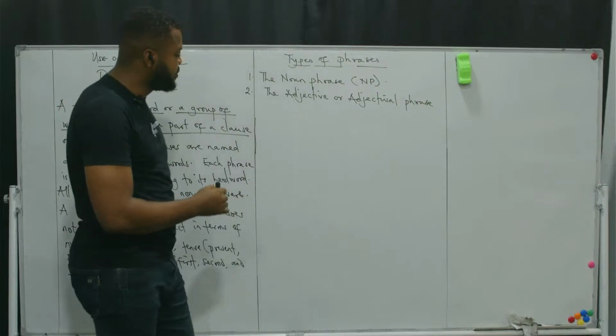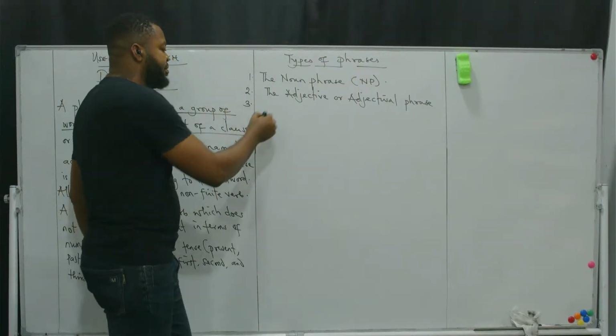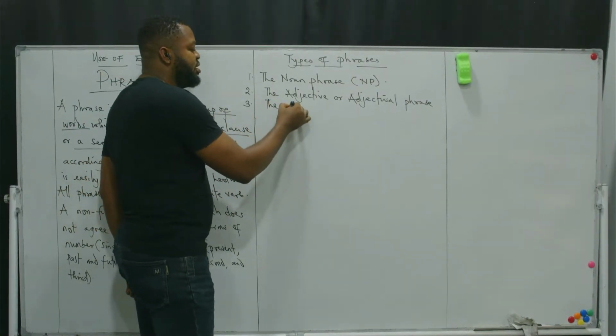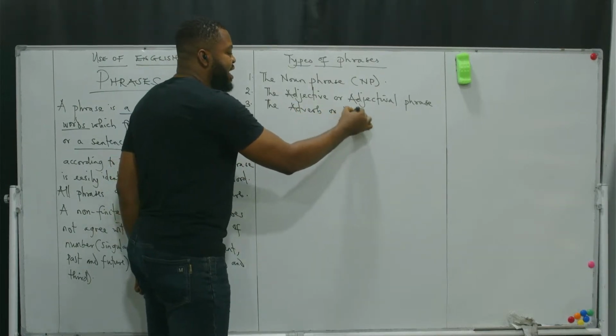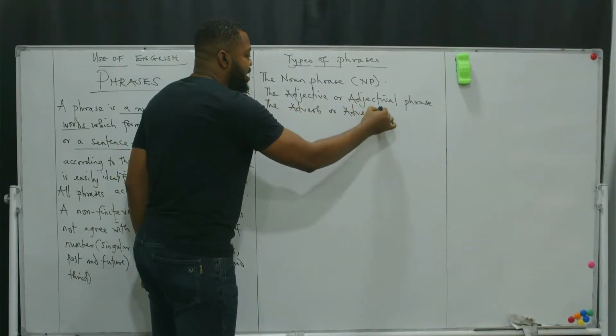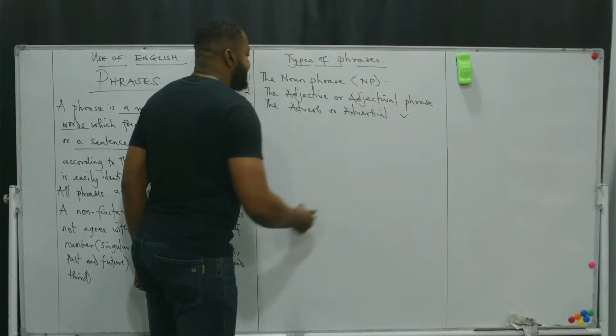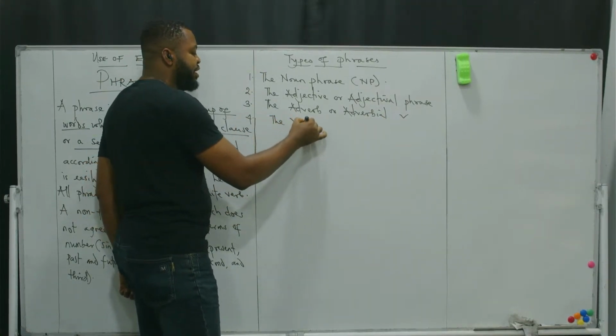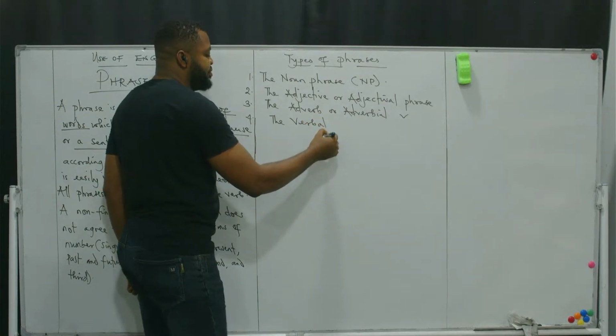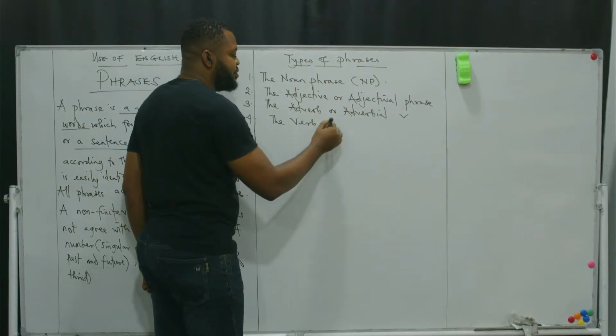Then the third one is called the adverb phrase, or the adverbial phrase. The fourth one is called the verb phrase.